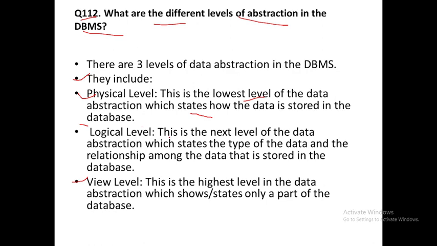The logical level is the next level of data abstraction, which states the type of data and the relationships of the data stored in the database. And the view level is the highest level in data abstraction, which shows only a part of the database tables.